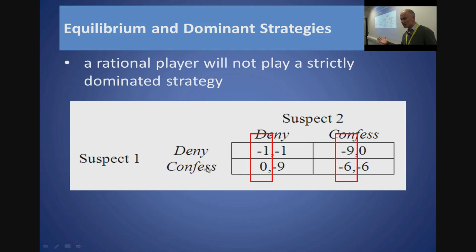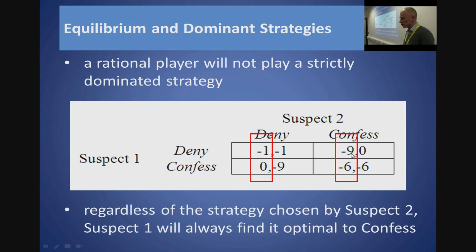So you can see in this prisoner's dilemma, it doesn't matter what suspect 2 does, it's always a better choice for suspect 1 to confess, because you always get a better payoff. A payoff of 0 instead of -1. A payoff of -6 instead of a payoff of -9. So it doesn't matter what suspect 2 does, the strategy of confess is optimal.